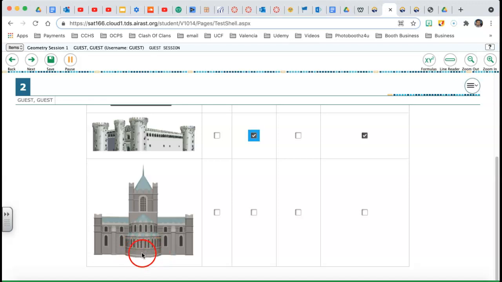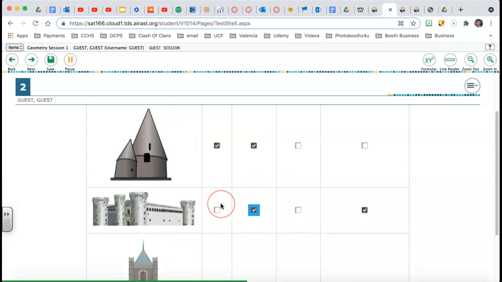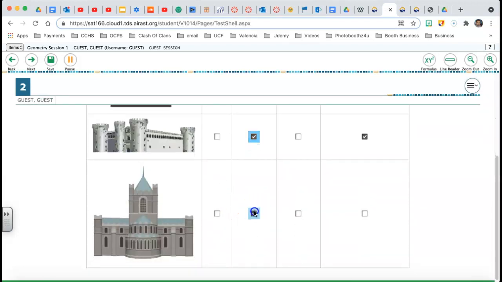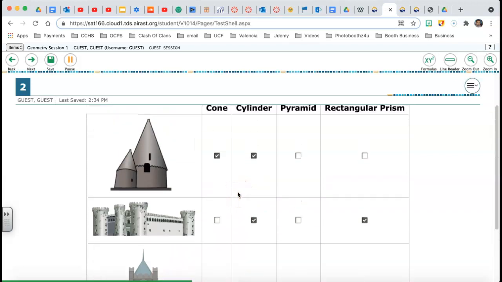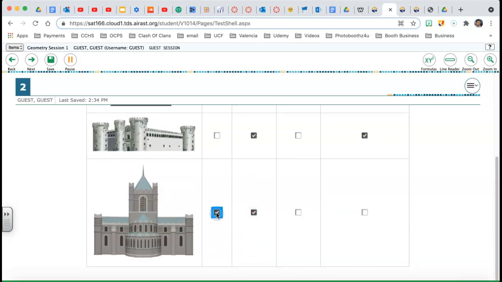If this is a circle base, then this shape is a cylinder, and cylinder is our second one. If this is a cylinder, this thing on the top, the base is a circle. If the base is a circle, then this shape is a cone.